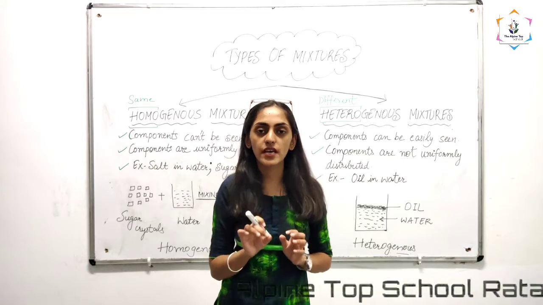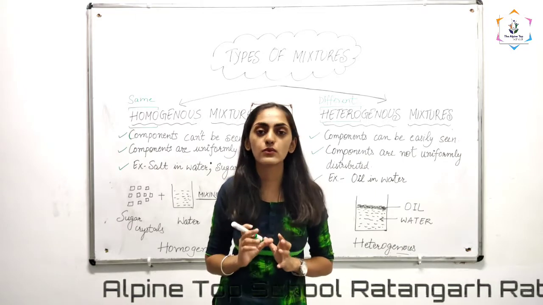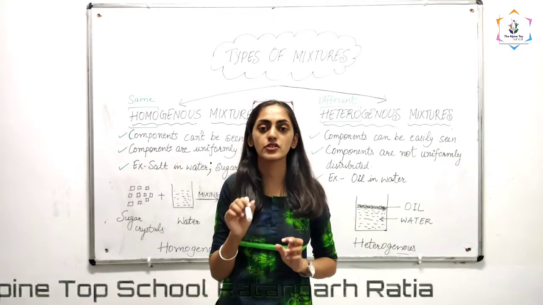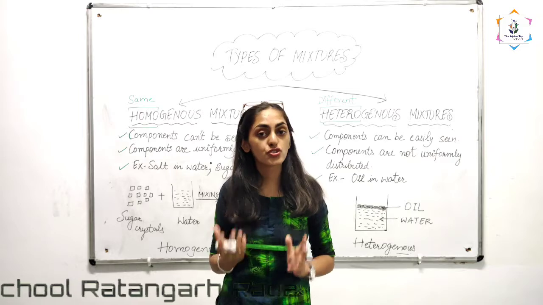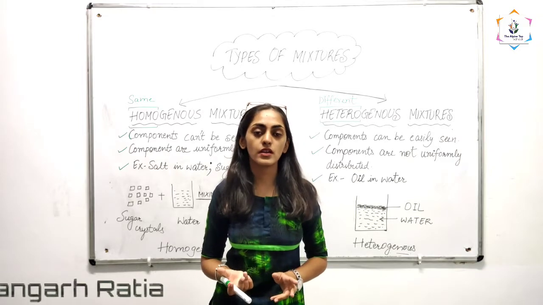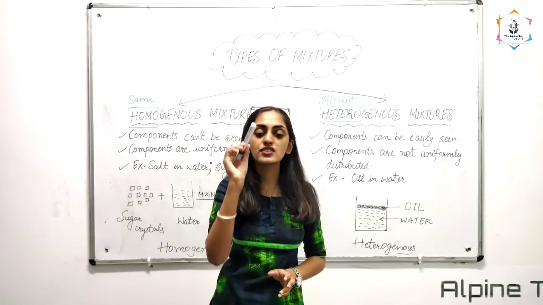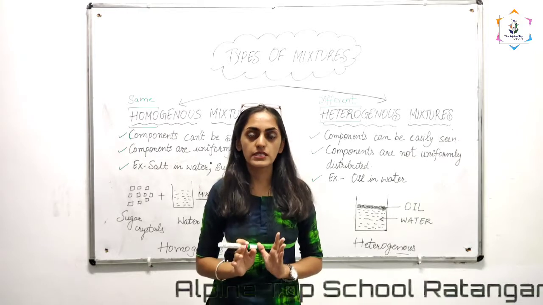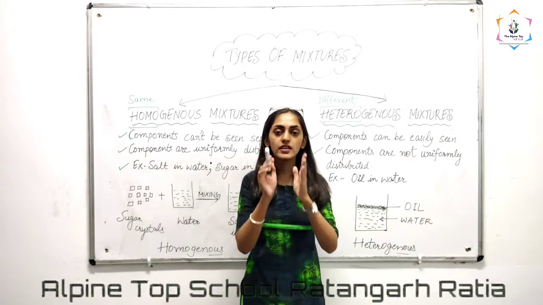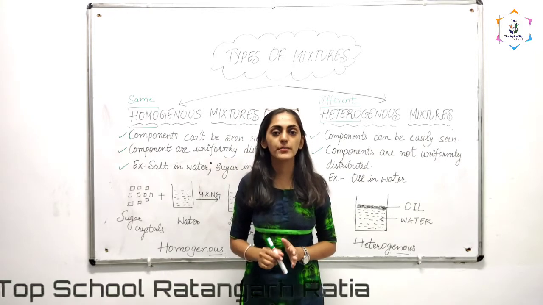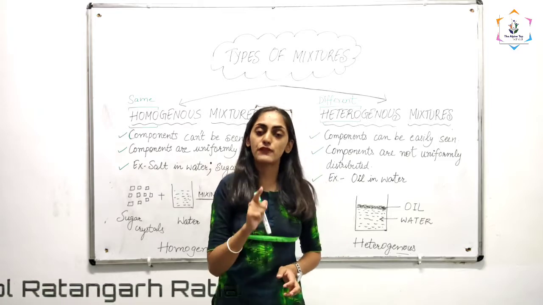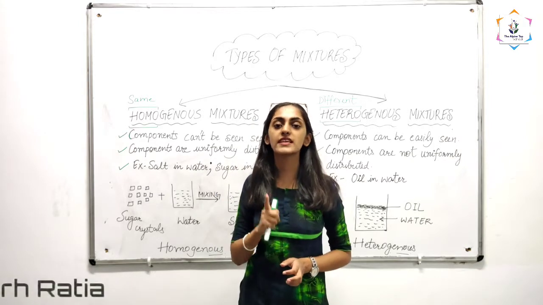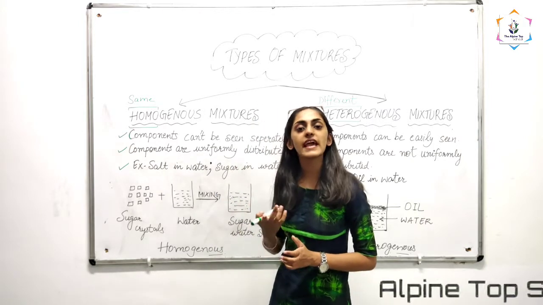After stirring and dissolving, you see a clear solution. You cannot see the sugar crystals anymore. The sugar crystals are dissolved uniformly in that water, and at that time we cannot see them.